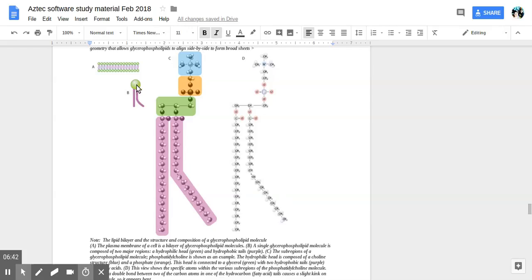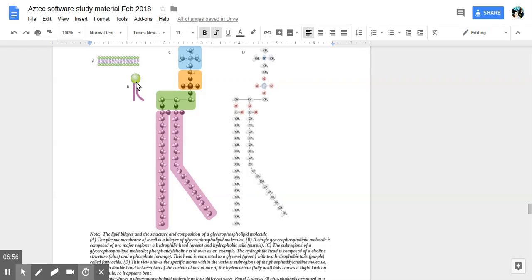And hydrophilic is the opposite, so it's polar, and it's ionic, so it dissolves easily in water. Hydrophilic heads are composed of choline structure. And C shows the subregions.